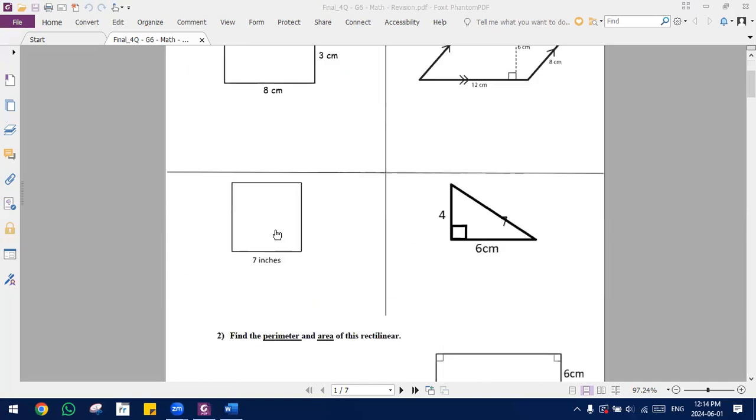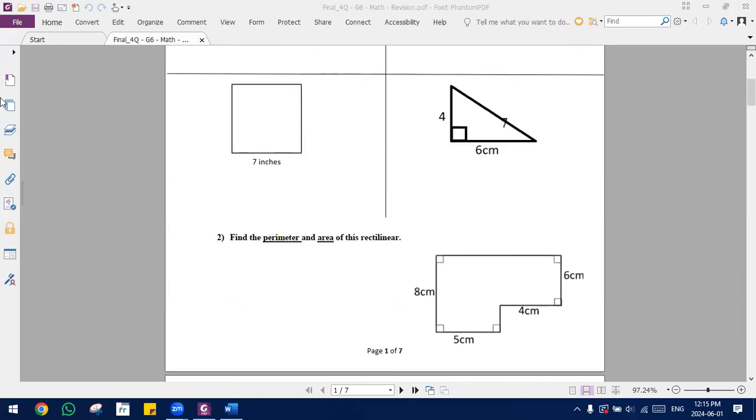Then we have this shape. Only we have one side that is 7 inches, which means that all sides are equal. Means that here we have a square. We do the same thing. We do perimeter is equal to, we add all the sides, 7, 4 times.